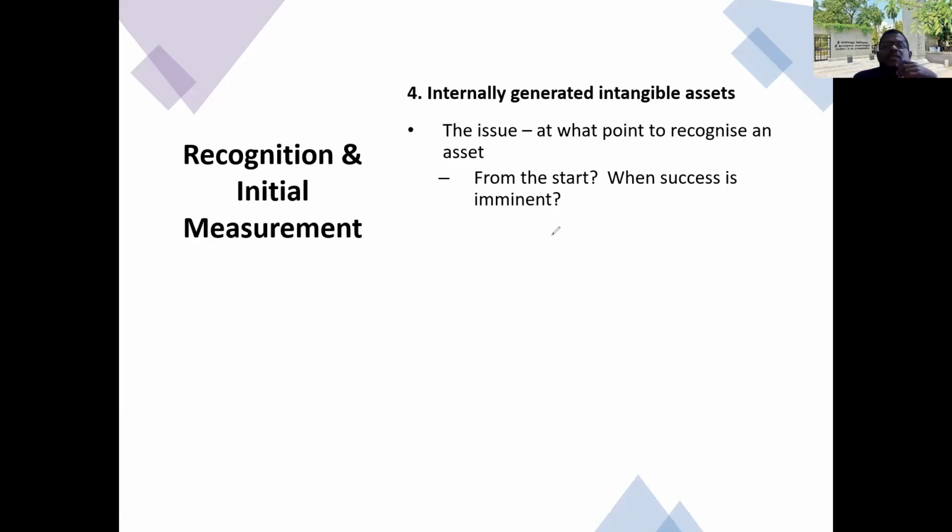Now, with regard to this, I would like to put your attention on something, basically. There are three stages. One is the research phase. The next one is the development. The third one is commercialization.